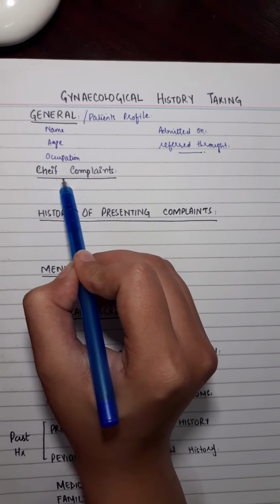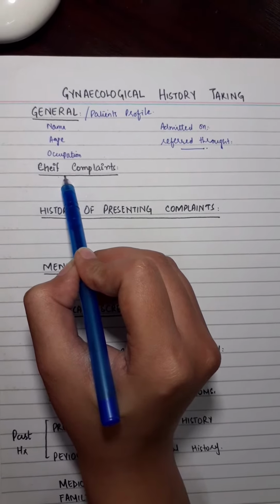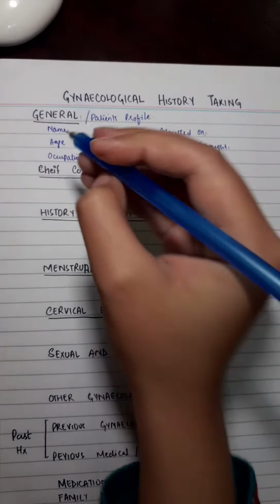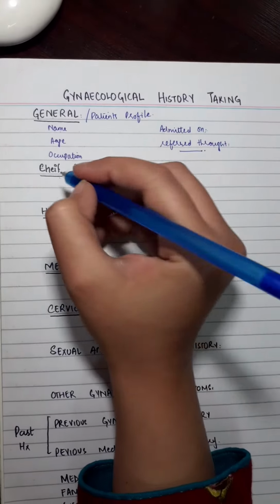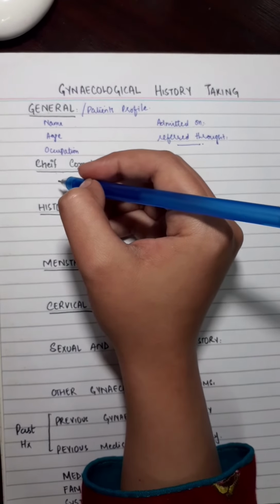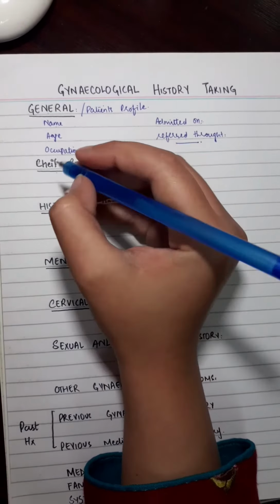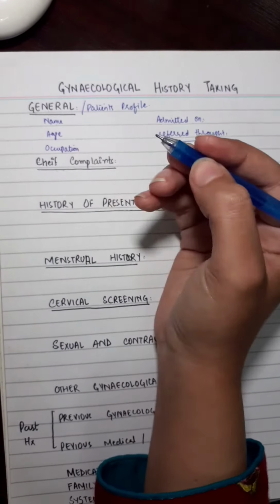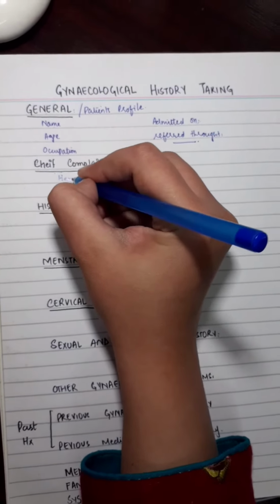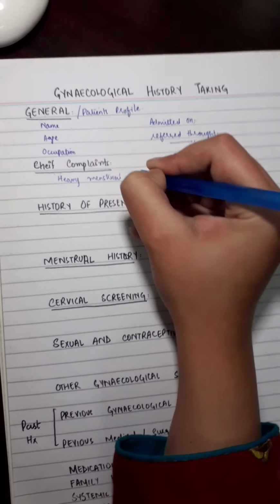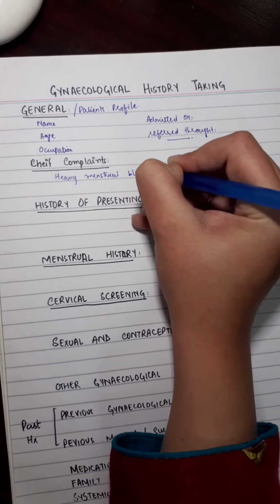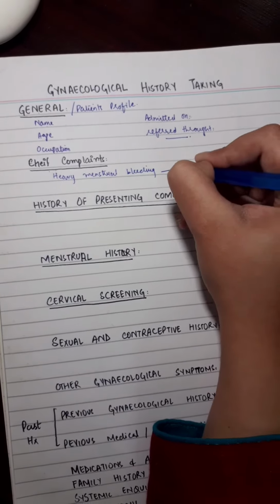The next heading is chief complaints, and in this section we are going to be writing about the chief complaints with which she presented. For example, let's say she presented with menstrual problems, for example heavy menstrual bleeding, so you are going to write heavy menstrual bleeding from past 2 months.